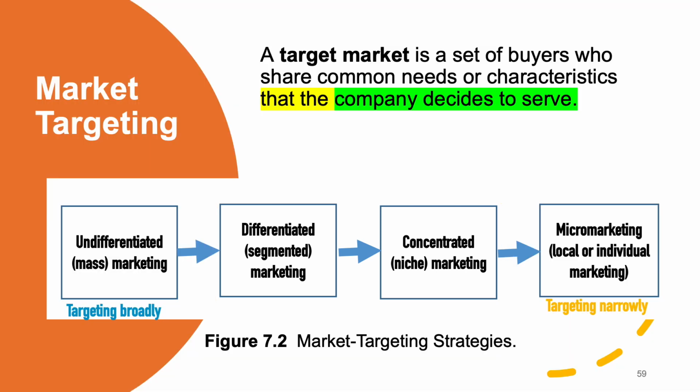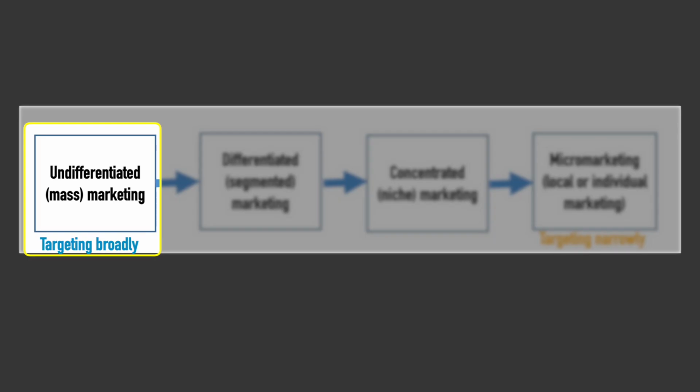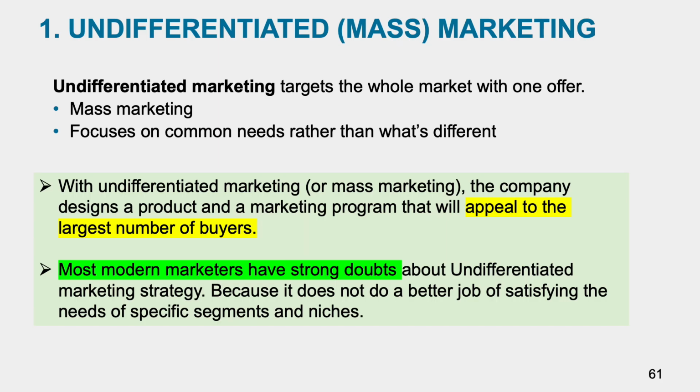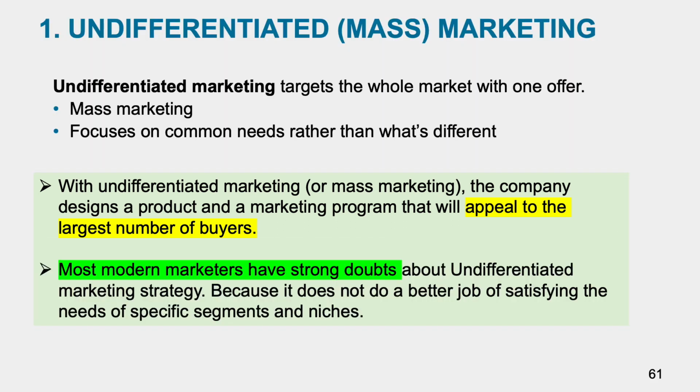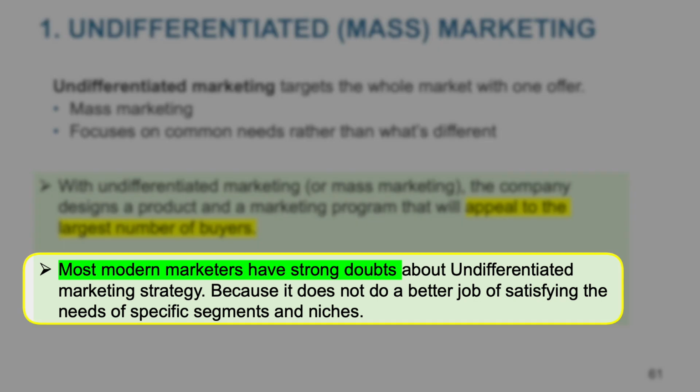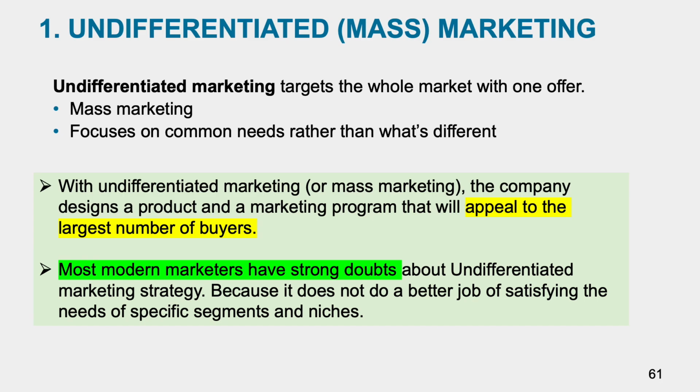First, we'll focus on undifferentiated or mass marketing. With undifferentiated marketing, the company designs a product and a marketing program that will appeal to the largest number of buyers. As noted in this chapter, most modern marketers have strong doubts about this strategy. Mass marketers often have trouble competing with more focused firms that do a better job satisfying the needs of specific segments and niches.